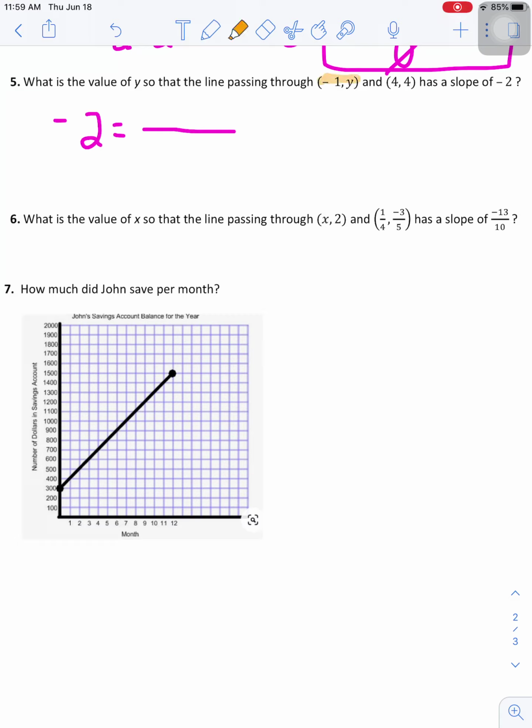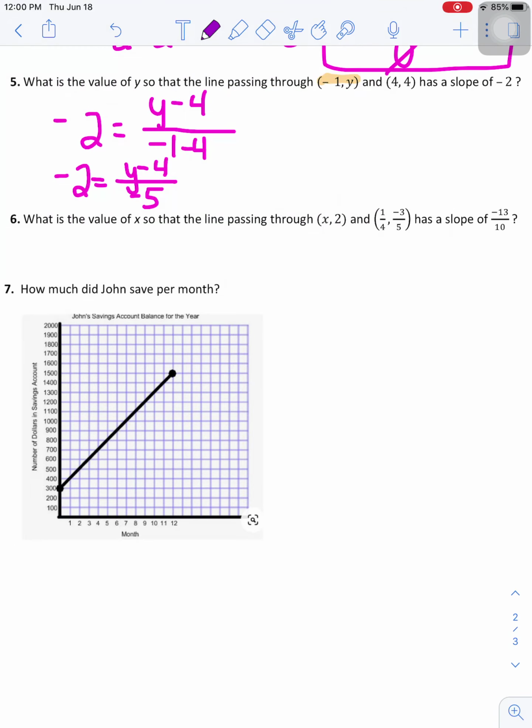Now, again, starting with the first point, if we subtract the y's, that would be y minus 4. And then in the denominator, we would have -1 minus 4. So if we simplify that, we get -2 equals (y minus 4) over -5. Now, we've talked about how to solve equations like this in the past.